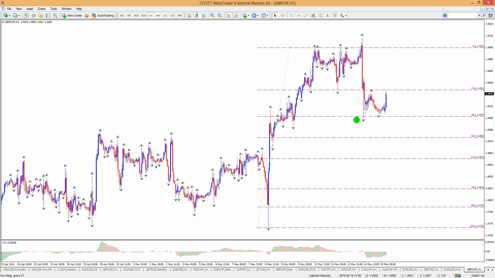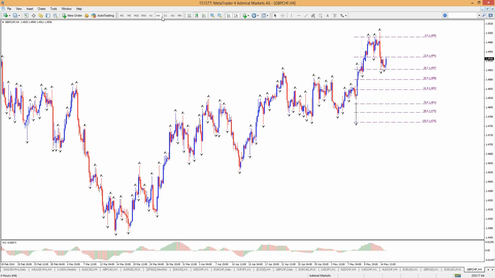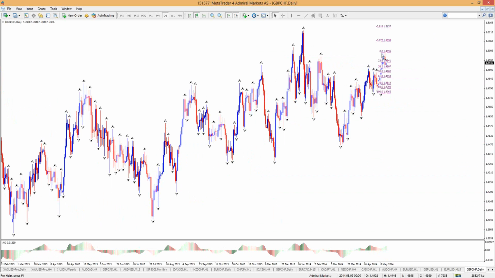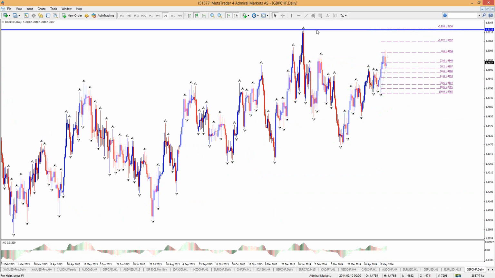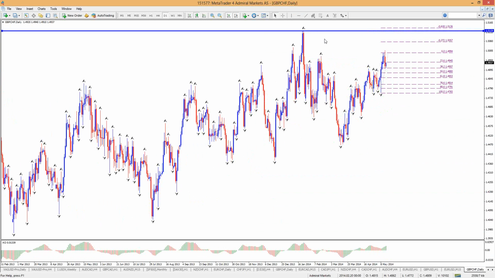Any of these fibs could be the turning spot from our upside indeed. 38.2 is relatively shallow, but could be the one. We're having higher highs and higher lows on this daily chart on the pound Swissy. So any of these fibs could be the next higher low from upside until we bump into the bigger resistance, which at the moment is all the way here at the top. So yeah, it looks good.